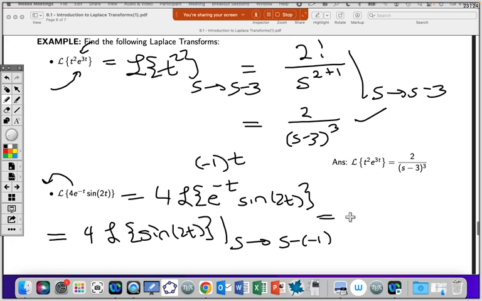So this is going to be 4 times the Laplace transform of sine of 2t, which is 2 over s squared plus 2 squared. But I'm going to shift the s to s plus 1.